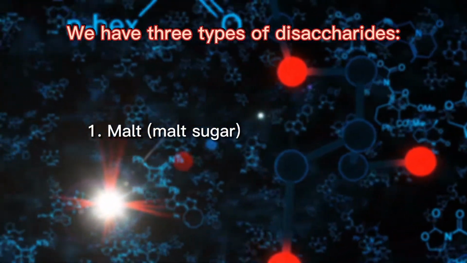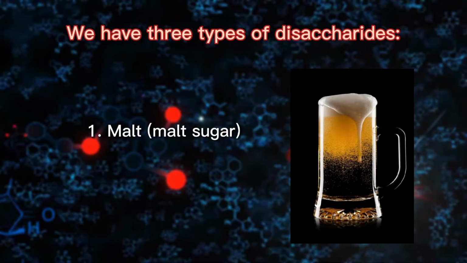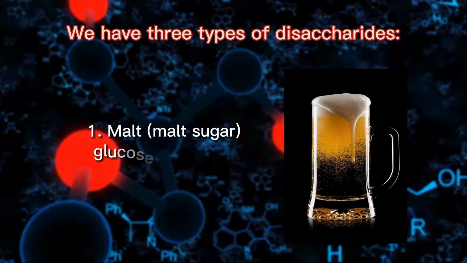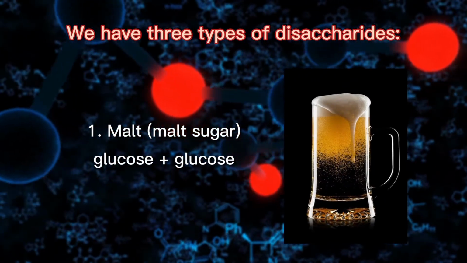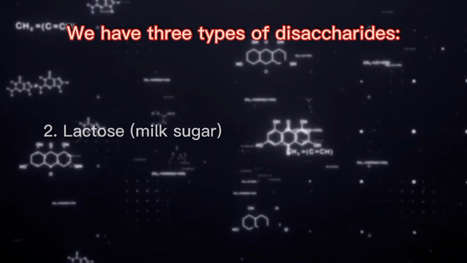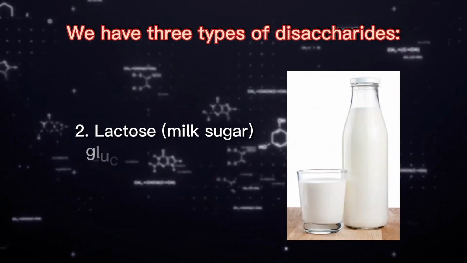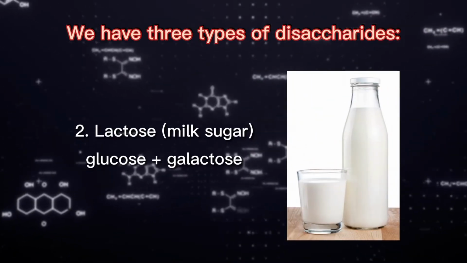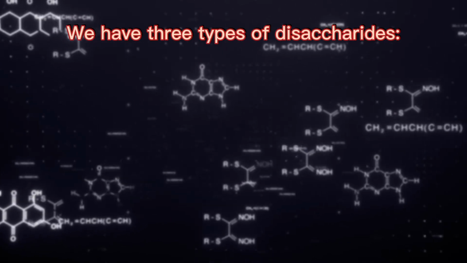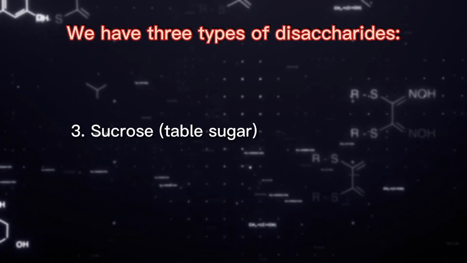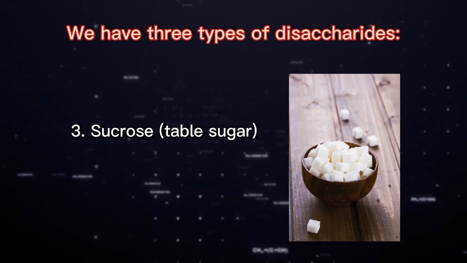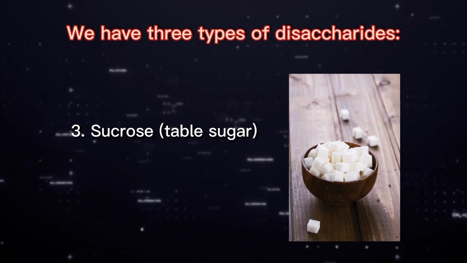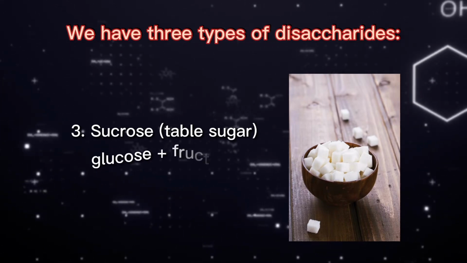It can be found in beer, and it is the combination of glucose plus glucose. And we have lactose or the milk sugar, a combination of glucose plus galactose. And the third one is sucrose, the table sugar that we usually use. This is from the combination of glucose plus fructose.